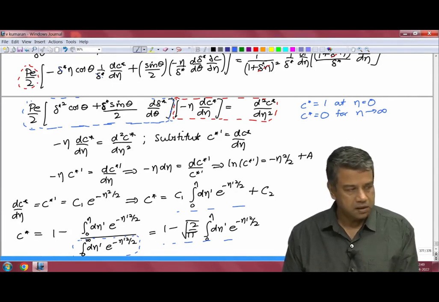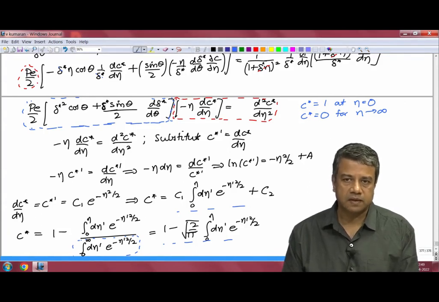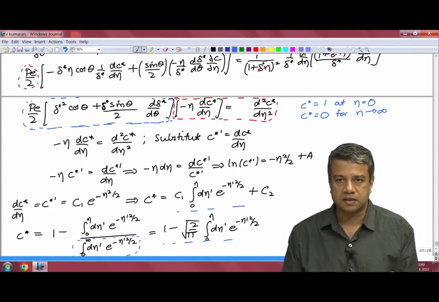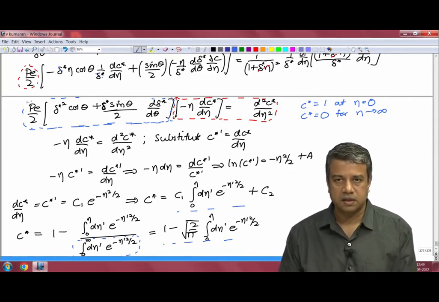That we will continue in the next lecture. As you can see, the procedure is exactly the same as that for the flow past a rigid surface, except that the tangential velocity is non-zero at the surface in this case. So, I will continue this, calculate the boundary layer thickness and then the correlation, in the next lecture. I will see you then.